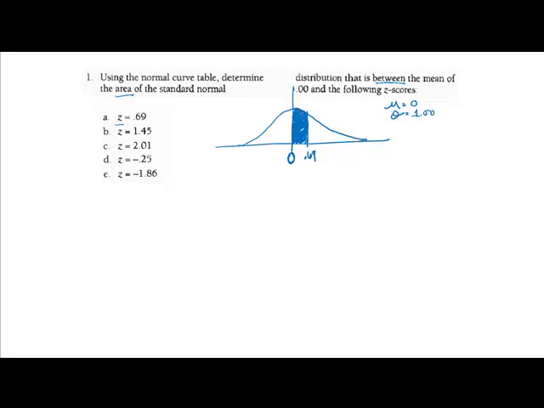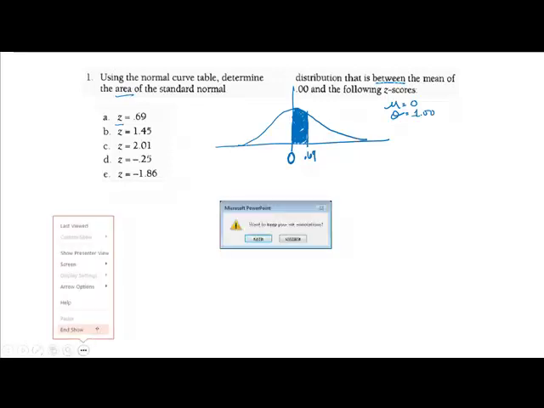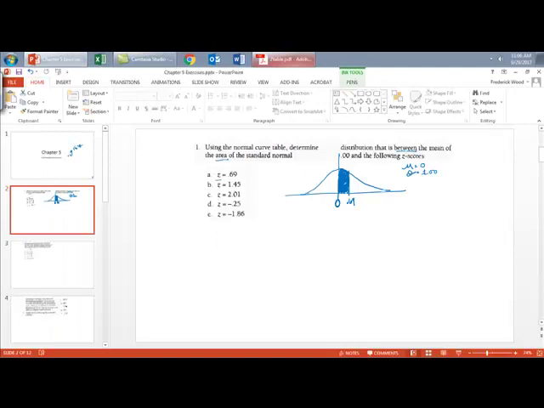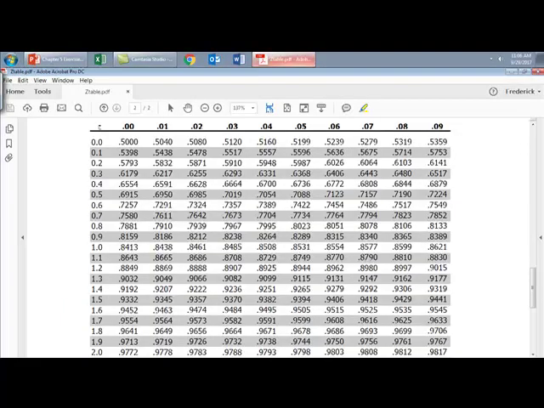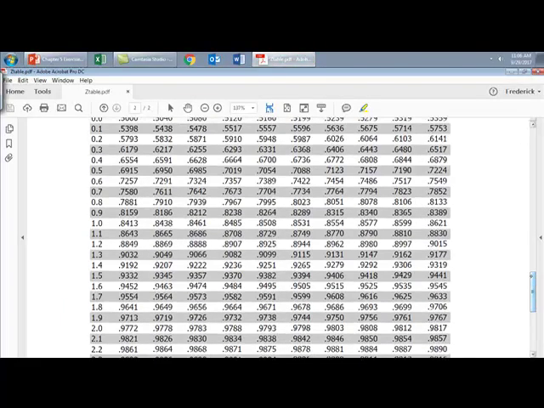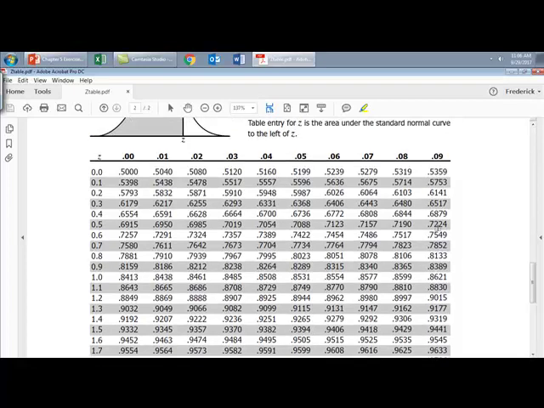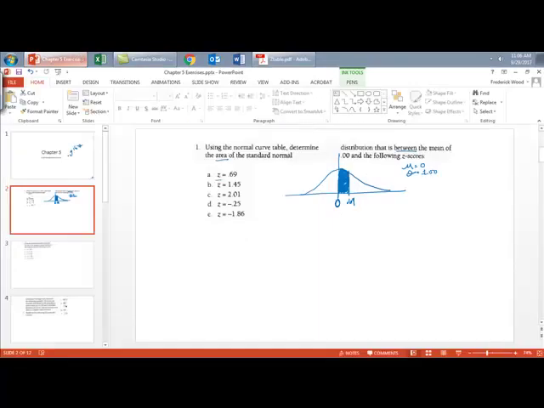Does that make sense? If it does, then we're going to look up in our z-table 0.69. So let's escape out of here. Pull up our z-table, and we're looking for 0.6, and then we go over to the 9th column, which is here at the end. 0.7549, excuse me.